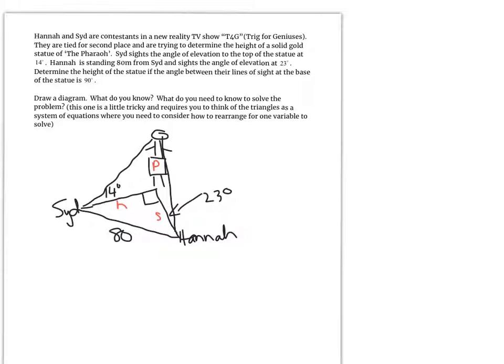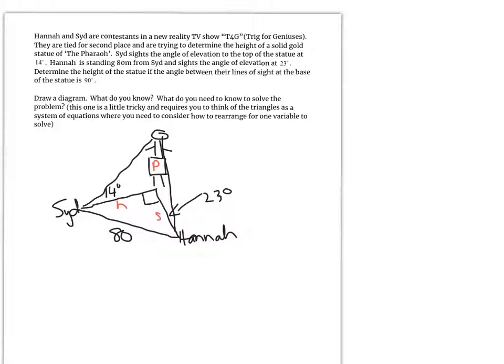We'll label the side opposite Hannah as H, the side opposite Sid as S. We can get those lengths by using the Pythagorean theorem, if we knew one of them. But we also know the height of Pharaoh and the distance between Sid and Pharaoh, and the height of Pharaoh and the distance between Hannah and Pharaoh.